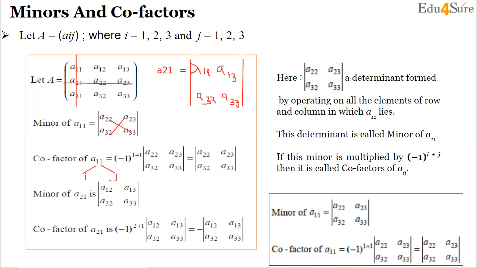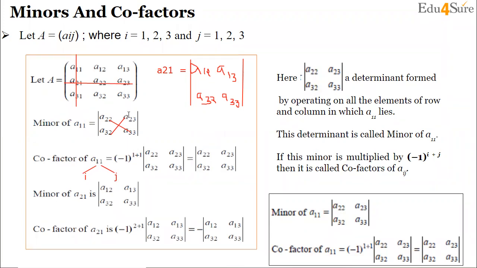This is your i and j value. So when you take -1 to the power 1 plus 1, which is 2, that means (-1) squared will give you 1.